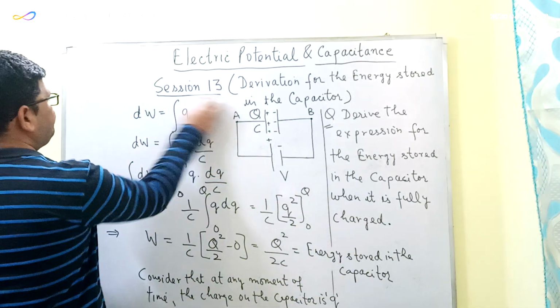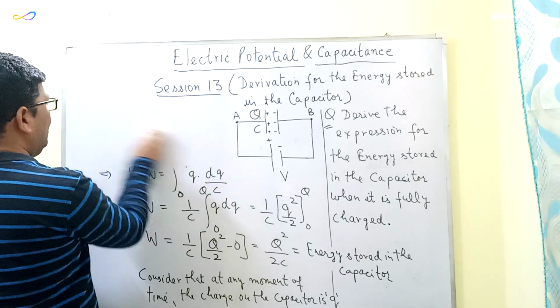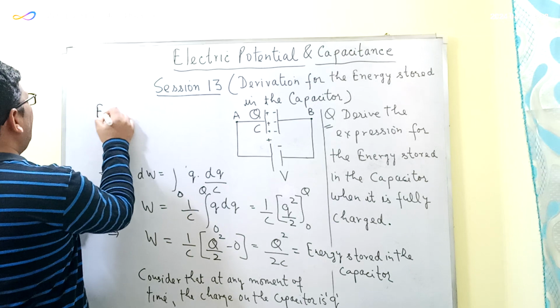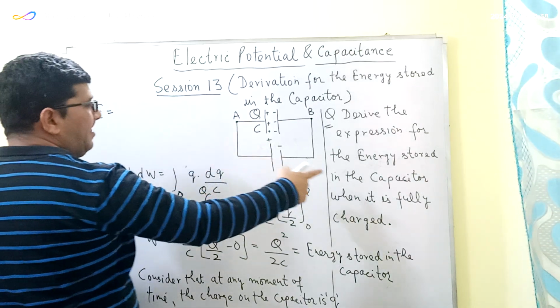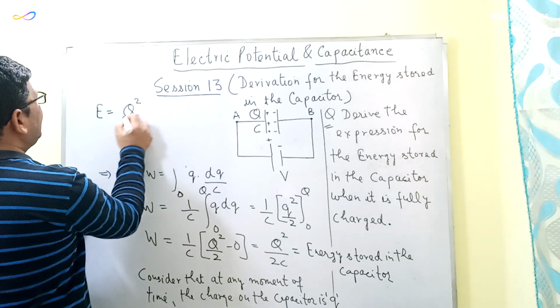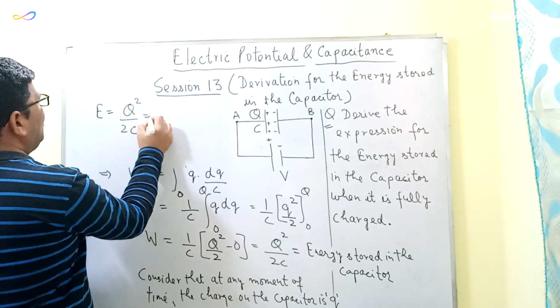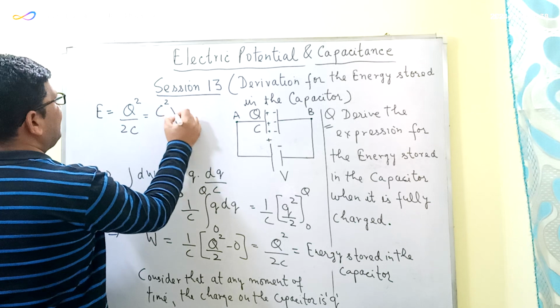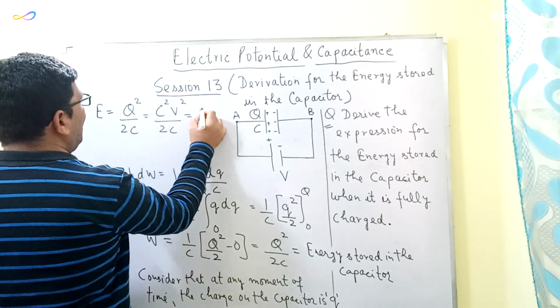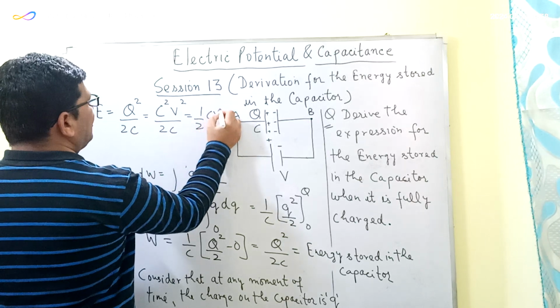So the energy stored in the capacitor when it is fully charged is equal to Q square upon 2C, and this equation can also be written in other forms. We know that Q is equal to CV, so this can be written as C square V square upon 2C, which is equal to half CV square.